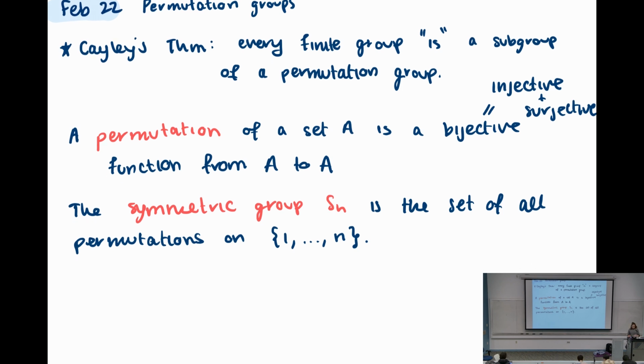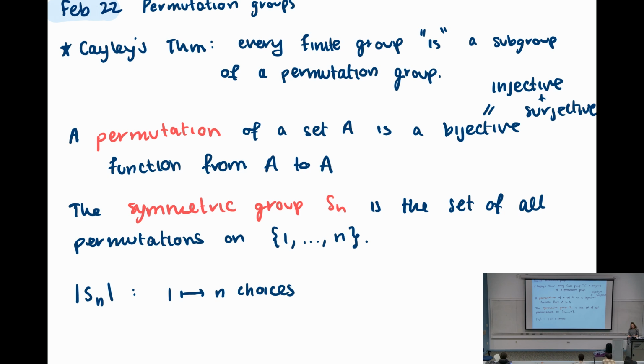Okay, so first question is, what is the order of Sn? We can compute this as follows. We have to write a bijective function from the set 1 up to n to the set 1 up to n. For our choices of where to map 1, we have n total choices.